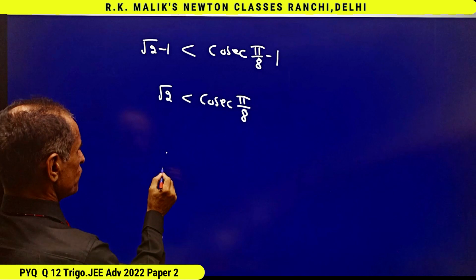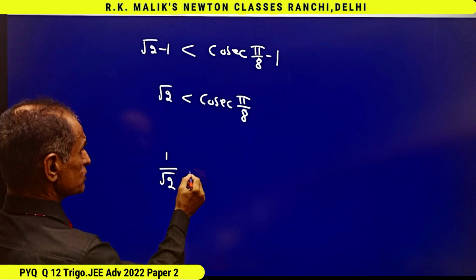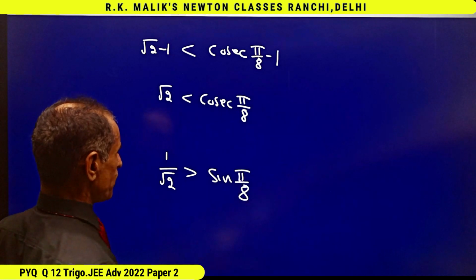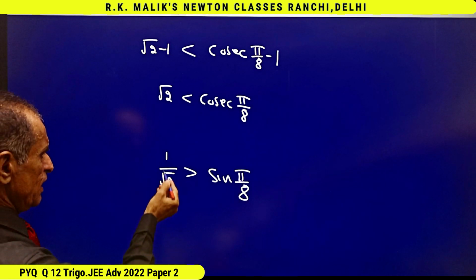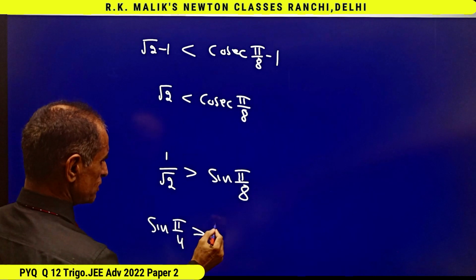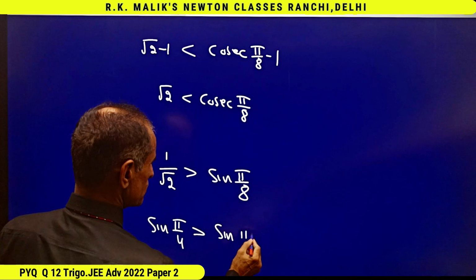And this will be true if 1 by root 2 is greater than sine pi by 8, that is, sine pi by 4 greater than sine pi by 8.